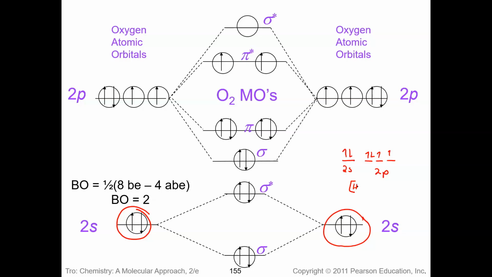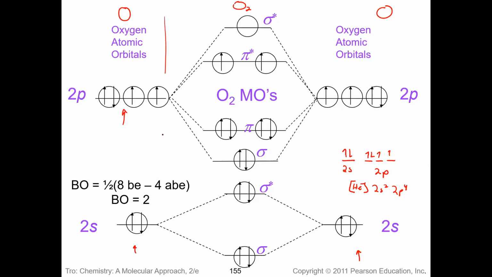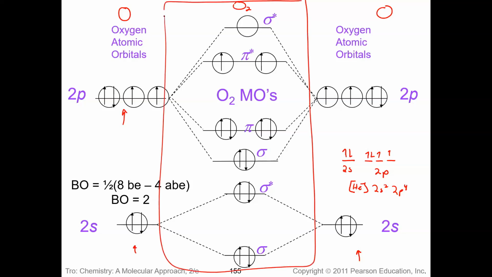So oxygen is just He, 2s2, 2p4. So we're just using what we know, and I'm just drawing this here and here. So here's our 2s's down here, and here's the 2p's, because we have 2 oxygen atoms. We have 1 oxygen atom here, 1 oxygen atom here. When we put them together, that's our O2, and here's our molecular orbital theory.